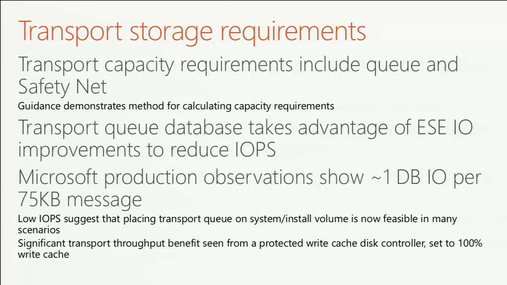So redelivering messages that we need for high availability or disaster recovery. So safety net is essentially storing some period of message data. It's configured based on time. So it could be 2 days, could be 7 days, where those messages that have come through transport are just going to remain on disk. We're not going to delete them so that we can redeliver them if necessary. Obviously, that's going to have sizing implications.